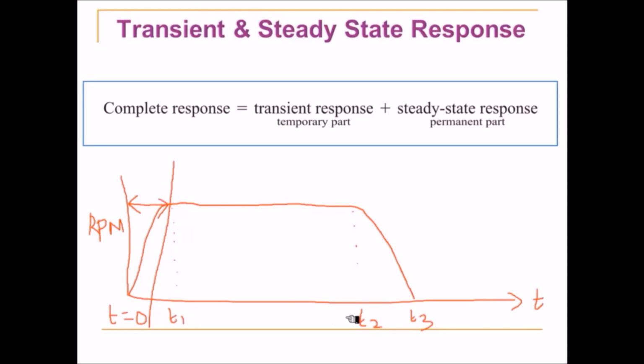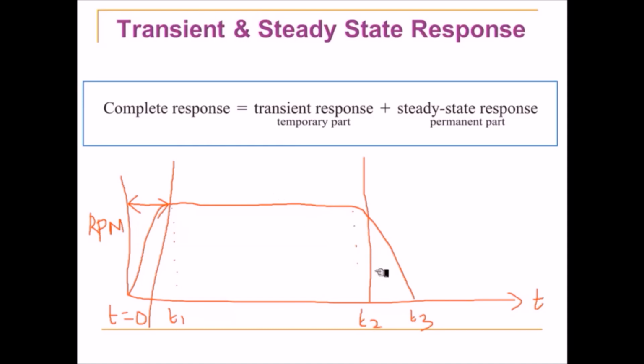And from t1 to t2, you are seeing steady state response or a permanent response. That is, you have a long time till you switch off the fan, you are seeing the same response in the circuit. So this response is called steady state response. And analyzing the circuit during this period is called steady state analysis.